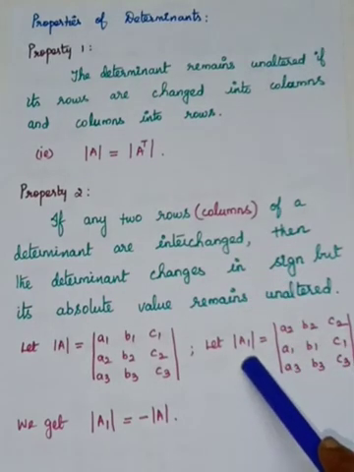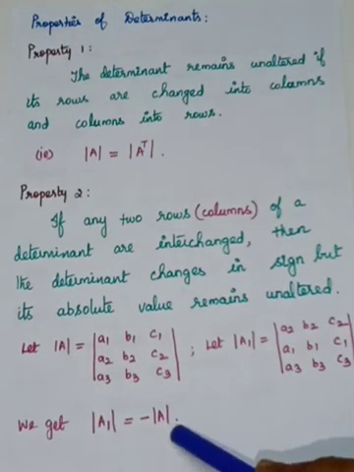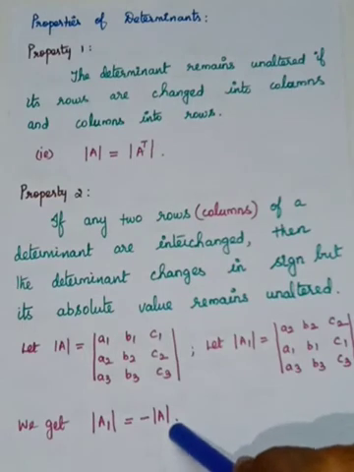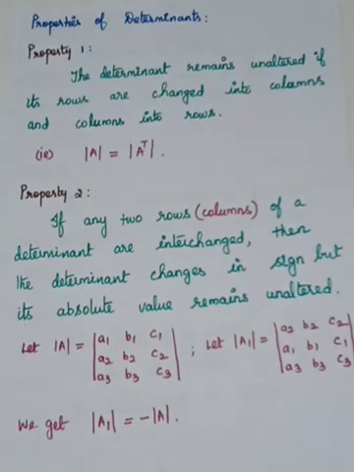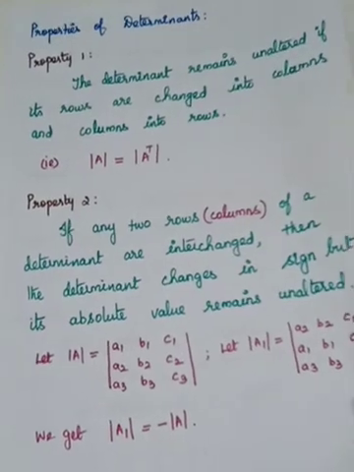According to this property, we can write the value of the determinant A1 is equal to minus the value of the determinant A. The value will not be changed, but there is a change in the sign, if you interchange any two rows or any two columns.